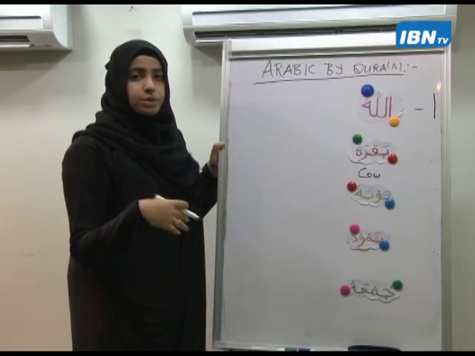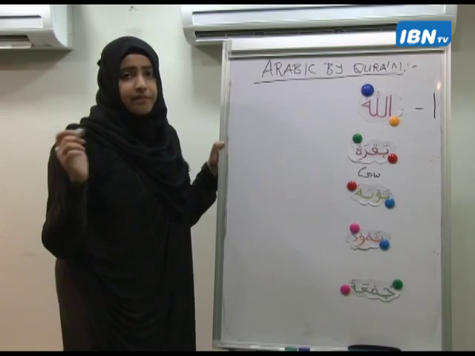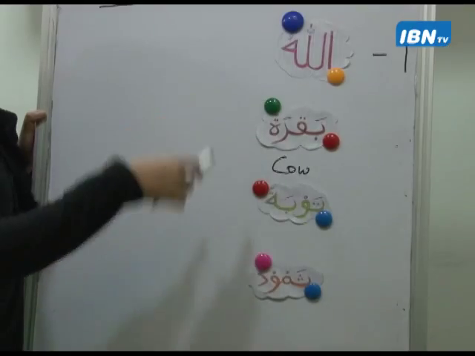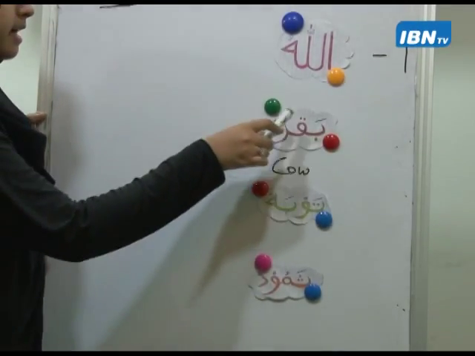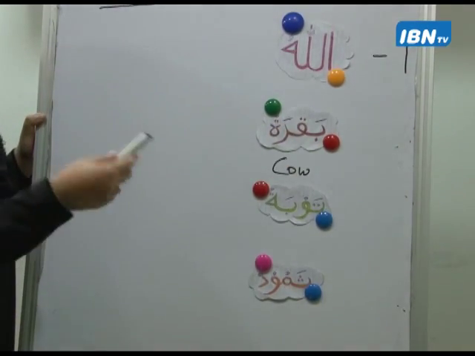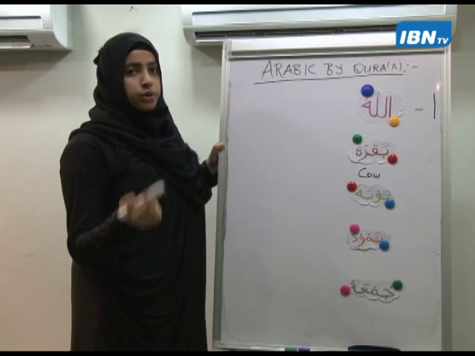And you should also notice how these letters are joined, like I had explained to you in the very first session, how you join these letters. So I said that Baqarah, Ba, Qaf, and Ra, they all come in the category of Muttasila. Muttasila are the joint letters.